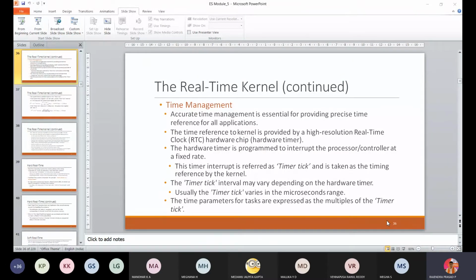The one that has an immediate effect we call hard real-time, and the one with a lesser effect we call soft real-time. That is the only difference you can find. Missing deadlines for tasks is acceptable for a soft real-time system if the frequency of deadline misses is within the compliance limit of the quality of service.